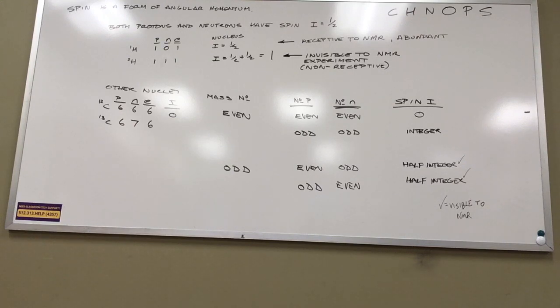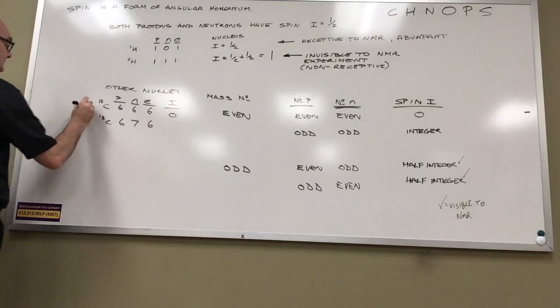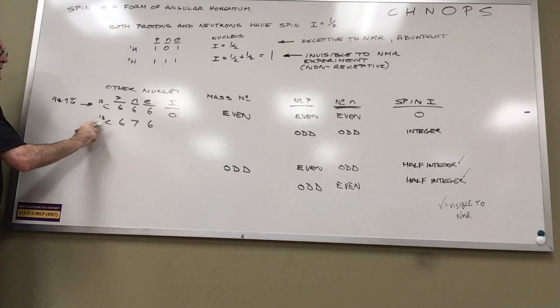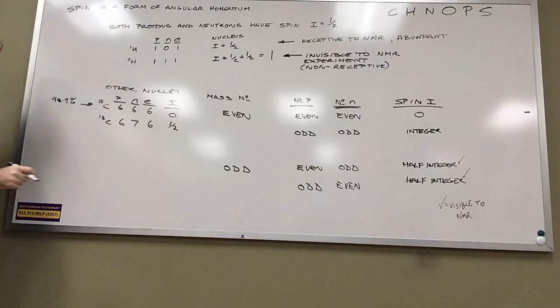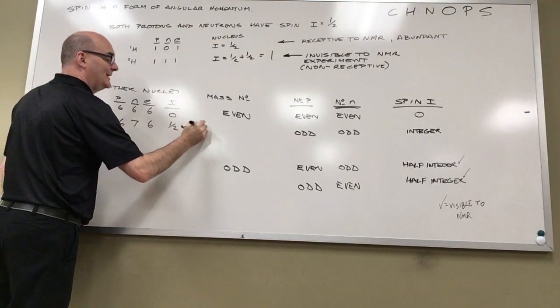It's a reasonable nucleus, except do I have its natural abundance? 98.9% natural abundance for carbon 12, right? So carbon 13 is small, but it has a nuclear spin of a half, so it is visible.